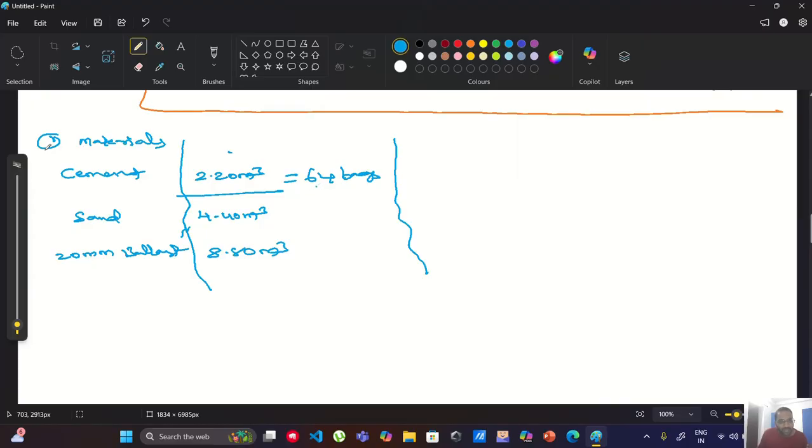In the previous problem I explained how to convert cubic meter cement into kgs, and after that kgs to bags. So you just go through that video, you'll get the data. Now the rate of cement is 330 rupees per bag, and this is the bag cost.